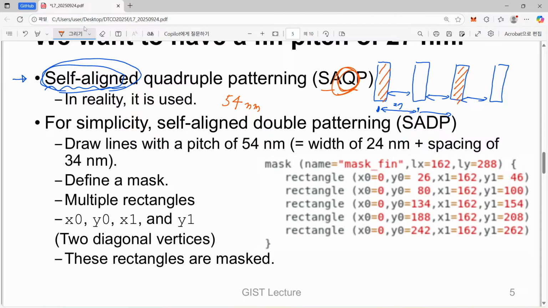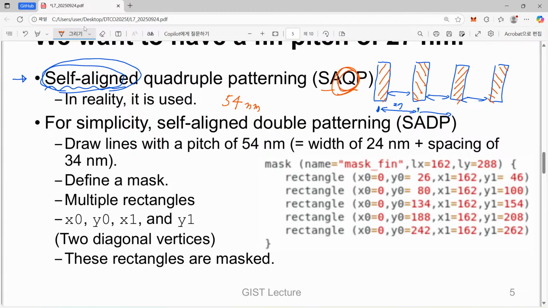But for a while, let's assume that we have a certain capability to draw a fine pitch of 54, but 27 is not possible. In this case, what we can do is just draw lines with a pitch of 54. After that, why don't you just try to draw this line once again?